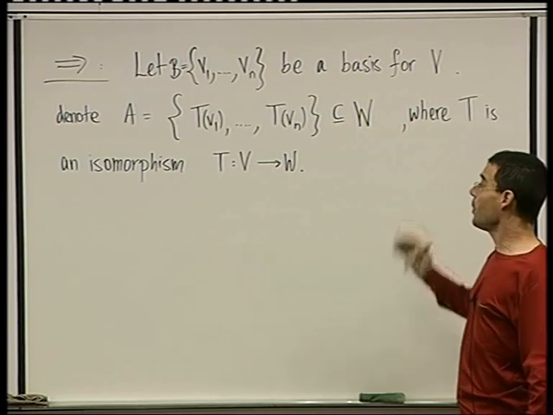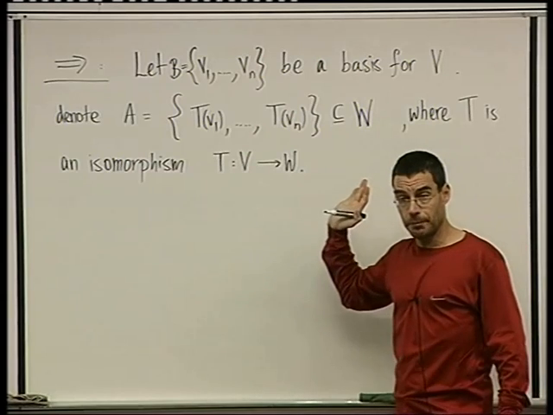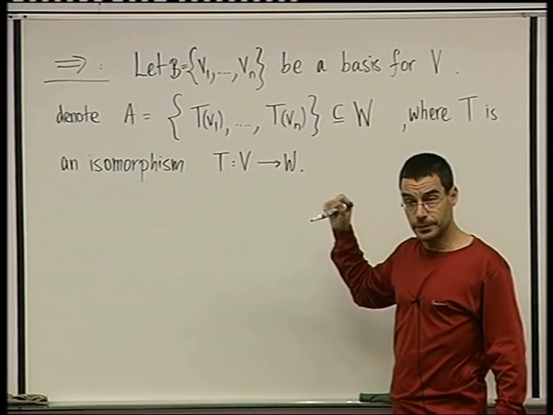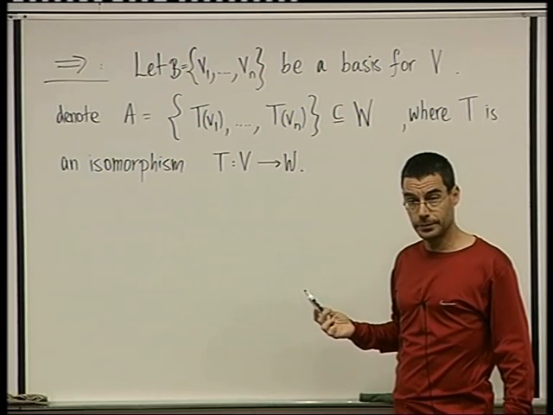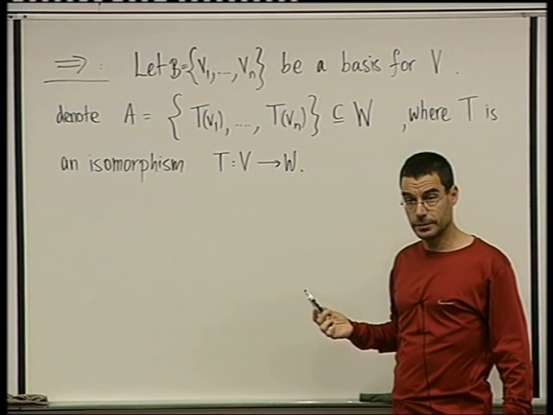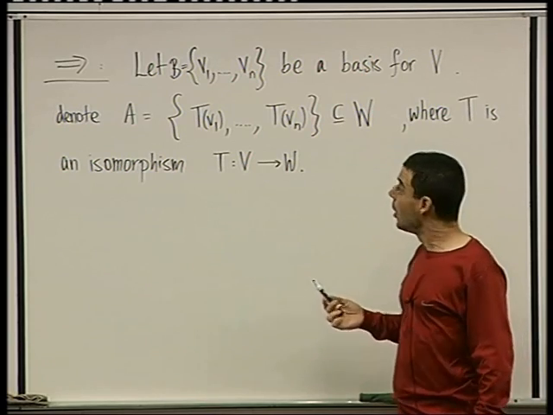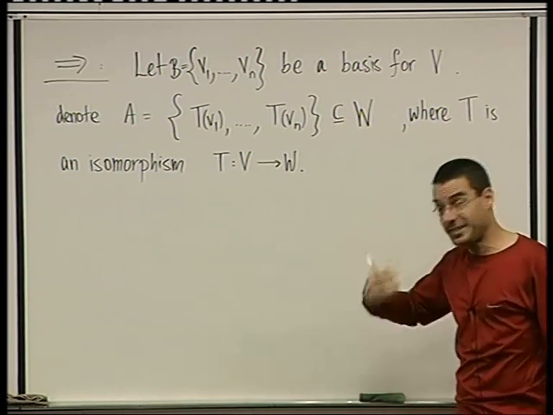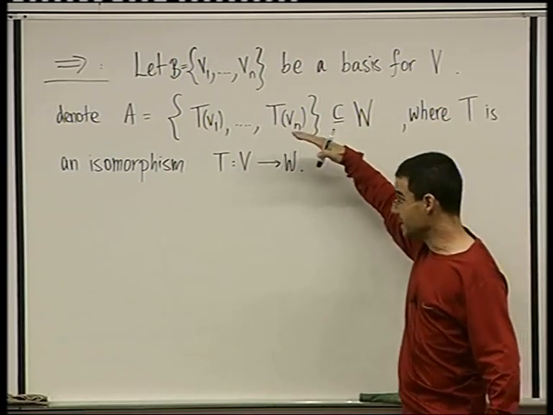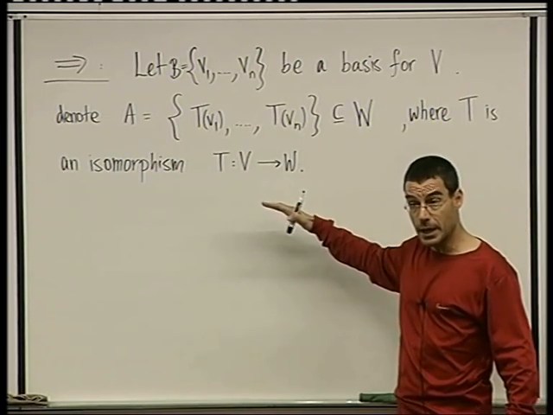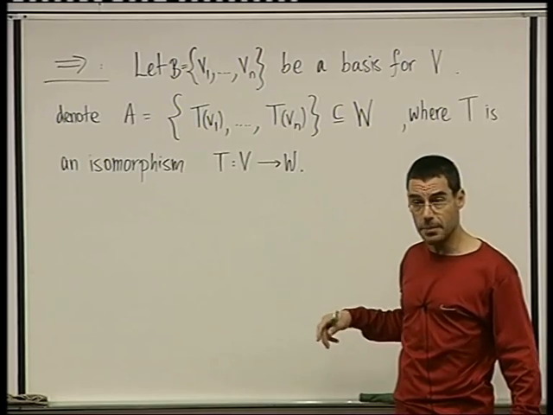Okay? So what do I know without any additional statement? In order to show that it's a basis, what do I need to show? That it's a minimal spanning set. Okay, there are various ways, but by definition, before we go to theorems, I need to show that it's spanning, right? And that they're linearly independent.